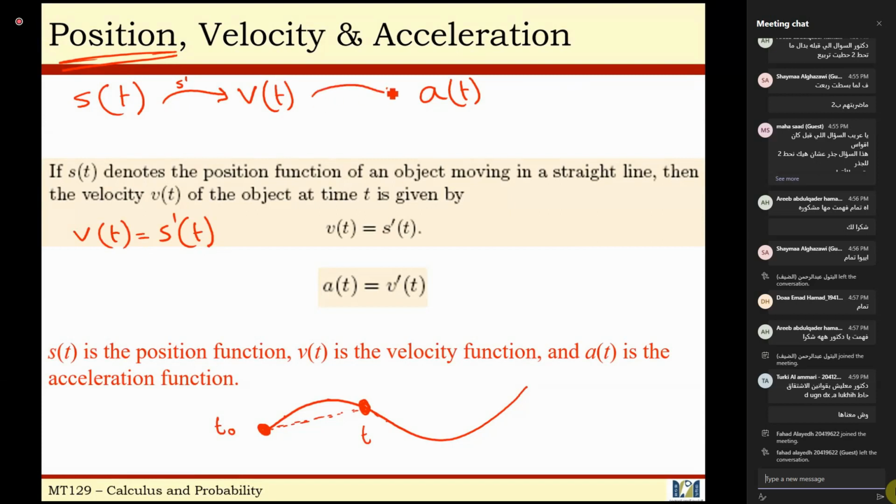Also, if we find v prime, the first derivative of velocity, we have acceleration. So a of t equals v prime of t, or s double prime. This is the relation between the three functions: position, velocity, and acceleration.